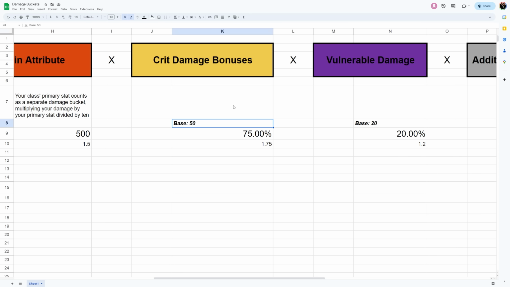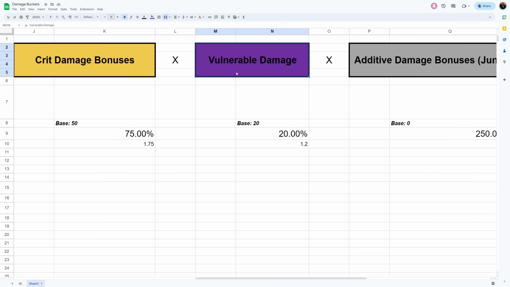Anything that has crit strike damage X goes into this bucket. So any kind of additional crit damage bonus would be added here. Let's say my character has an additional 25% crit strike bonus on top of their base of 50, which would give us 75%. Remember, we're doing that 1.75 is what that multiplication is going to look like.